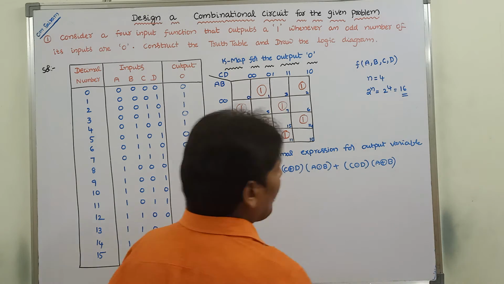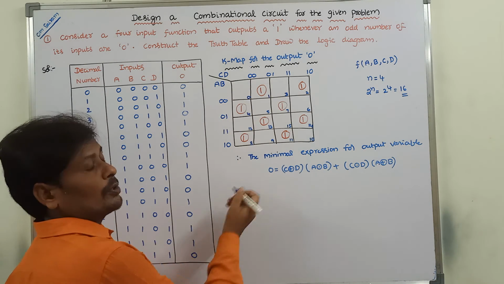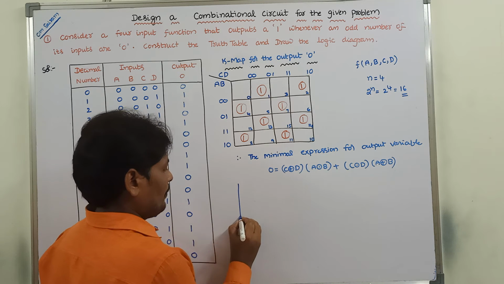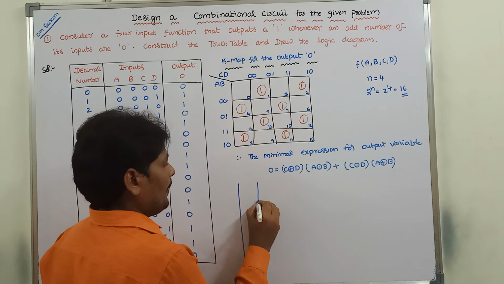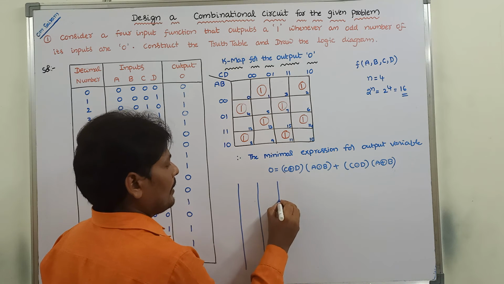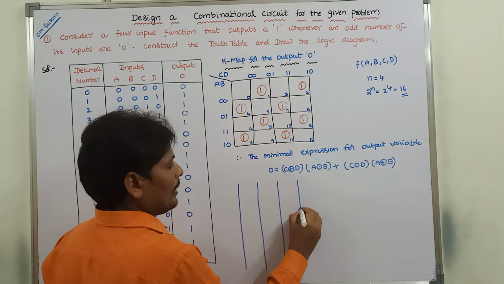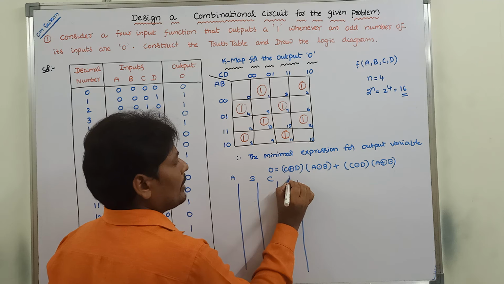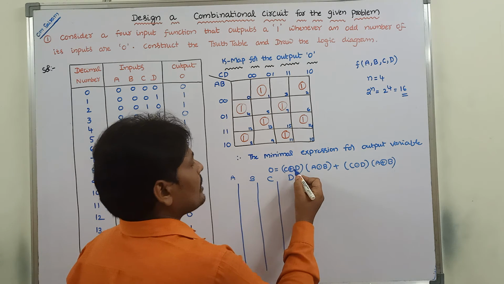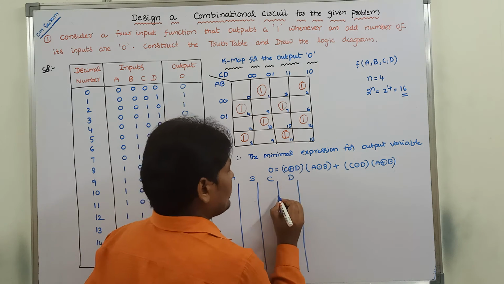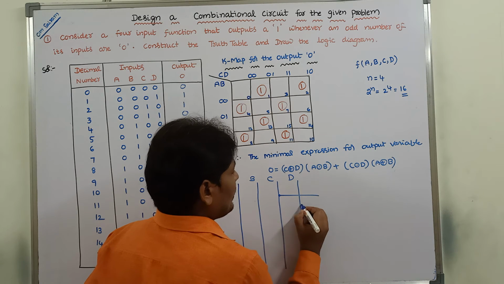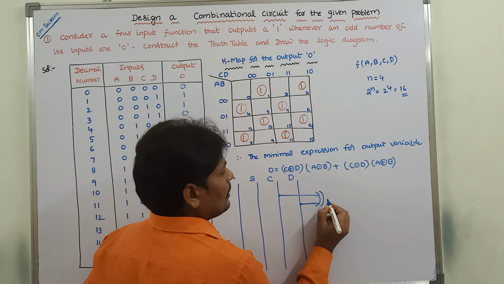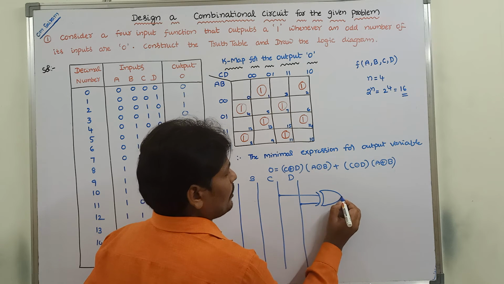Now we have to draw the logic diagram for the output variable O. Here I am taking A, B, C, D. So A, B, C, D. First one is C exclusive OR D. Here this is C and this is D. So this is exclusive OR.